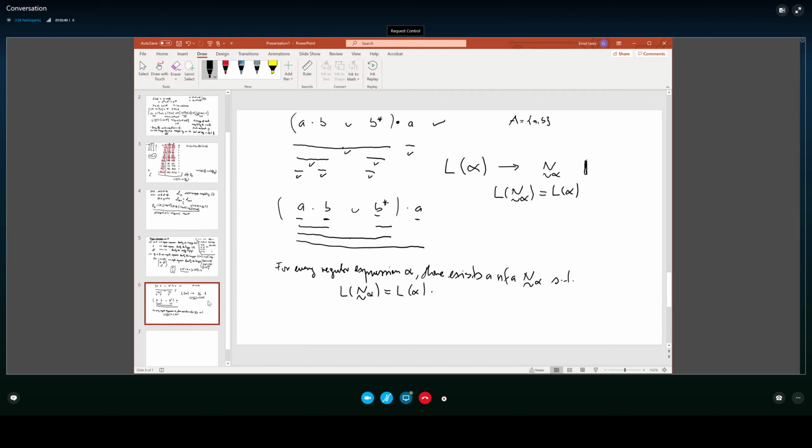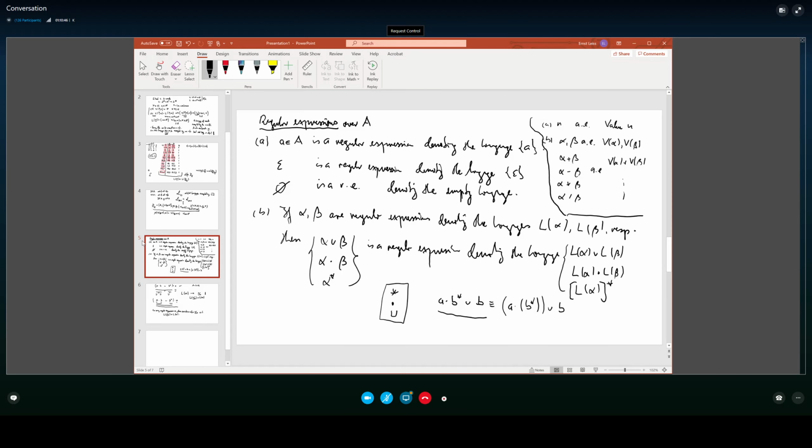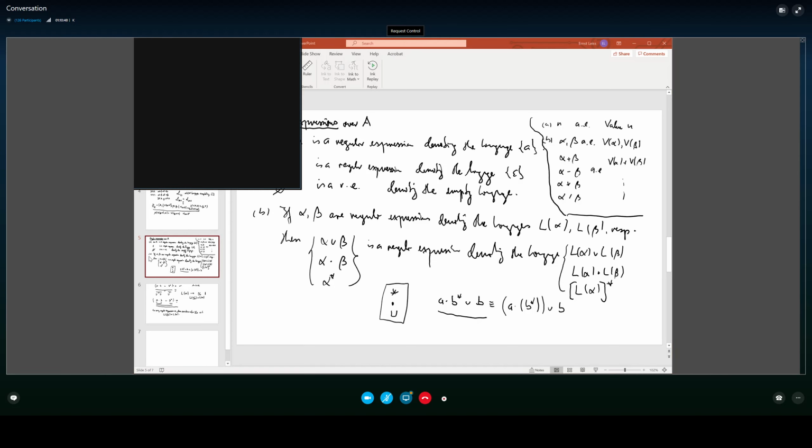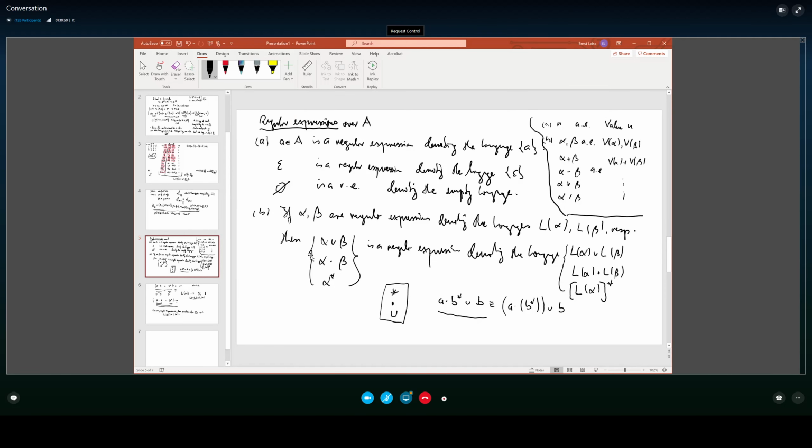And so how do we go about that? Well, we're going to mimic exactly the way in which this definition occurs. We're going to take the basis, and so what we need then is an automaton for each of the basis elements, a non-deterministic finite automaton.